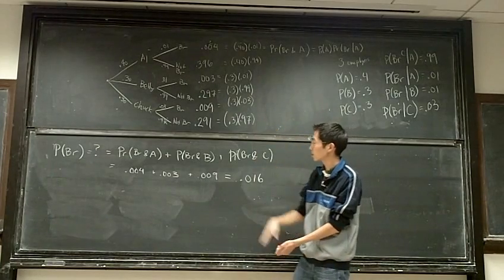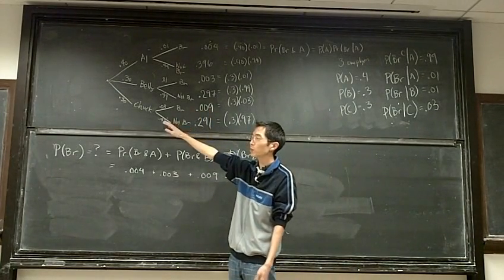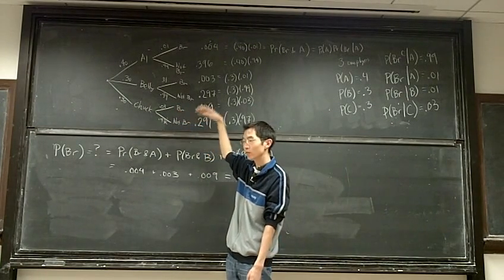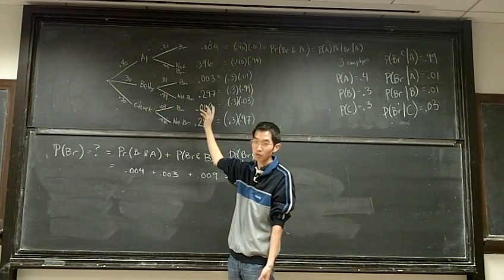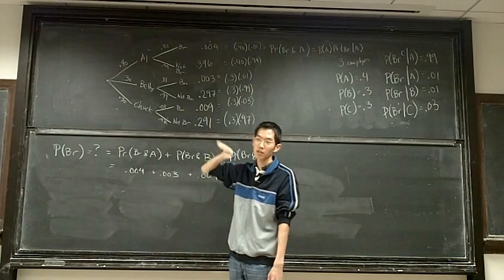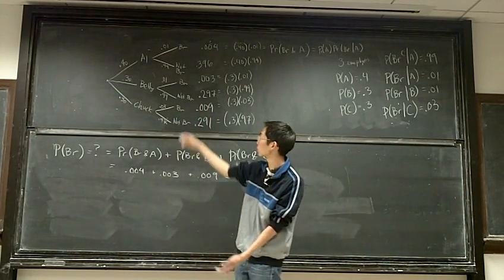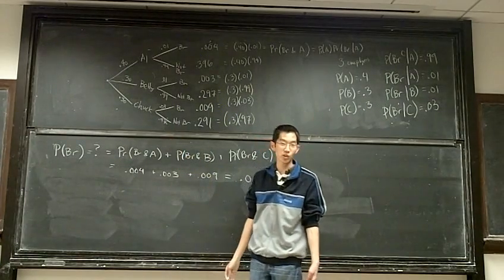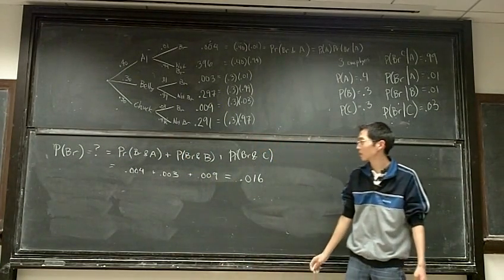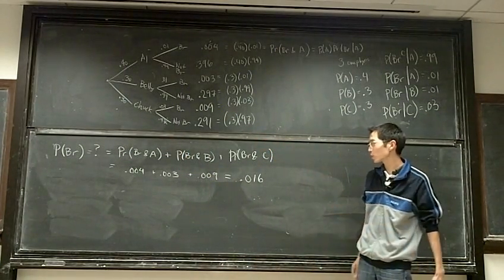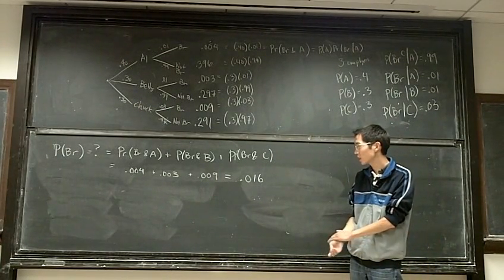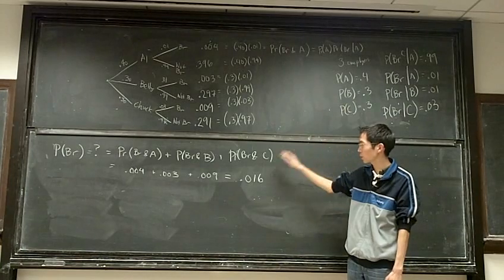But being washed by Betty and breaking or not breaking, those are not disjoint. And they're not independent either, because the probability of breaking depends on who's washing the dishes. So don't worry so much about the disjoint and independent stuff at this moment.